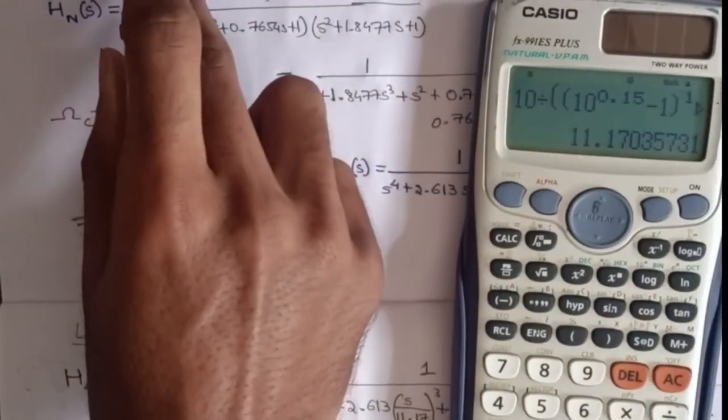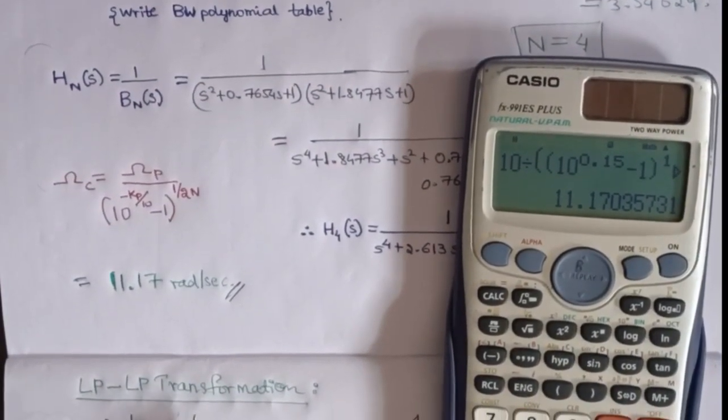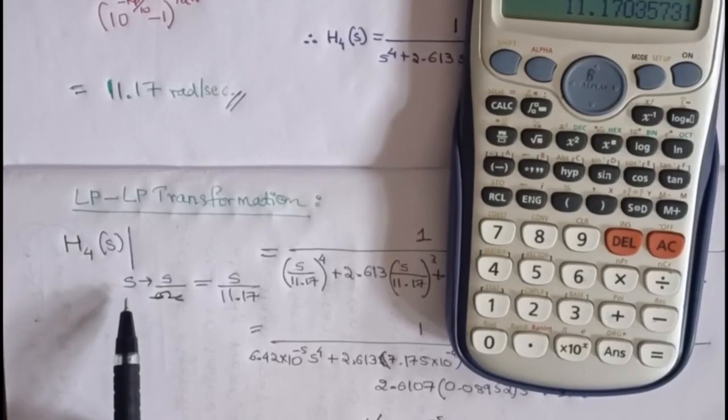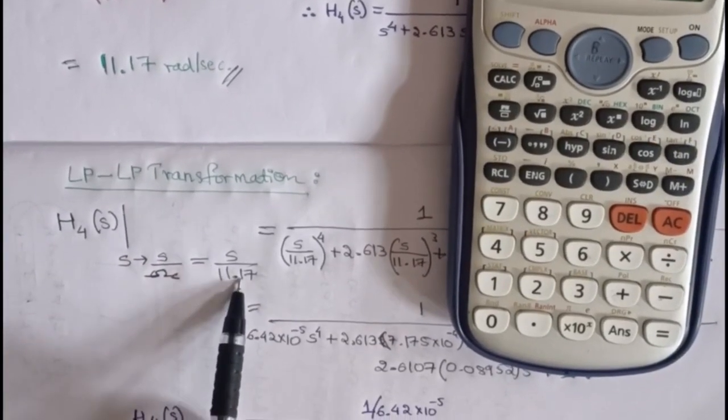We are asked to design a low pass filter, hence we have to apply the low pass to low pass transformation. To apply it, we substitute s as s divided by omega c, where omega c is 11.17.